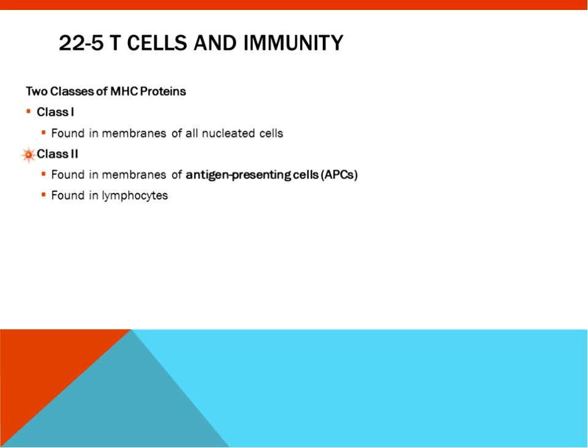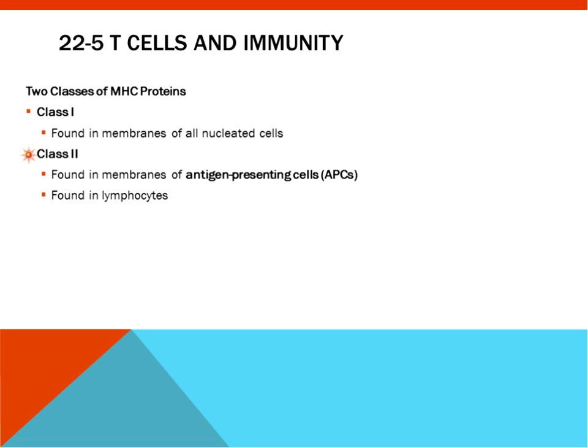Class 2 are found in antigen-presenting cells. These are specialized cells, usually macrophages, that can take an antigen in, a substance that's not supposed to be in your body that we'd find in a bacteria or a virus.